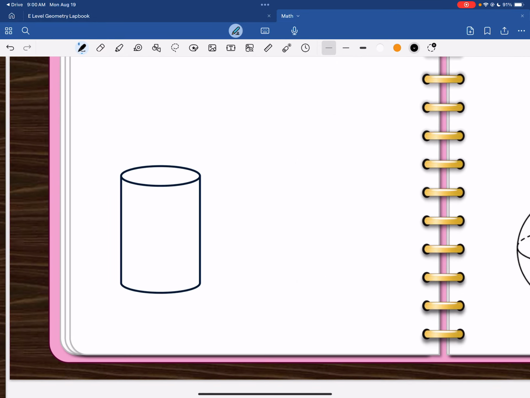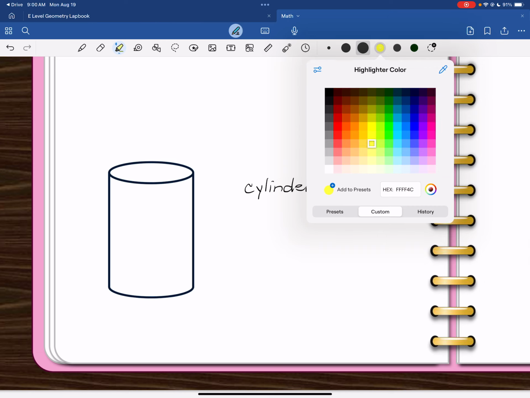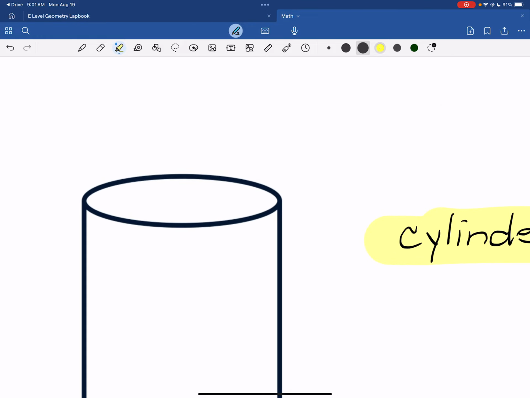And then we add some circles and things get a little more complicated. Here is a cylinder. It's basically a can. It could be a soda can, a paint can, a silo for grain. A cylinder is a can. It has a circular base, so we could talk about radius and diameter here. Here is diameter.